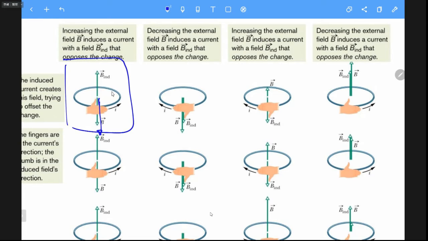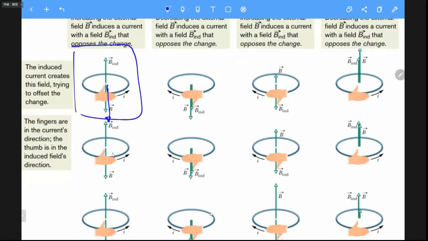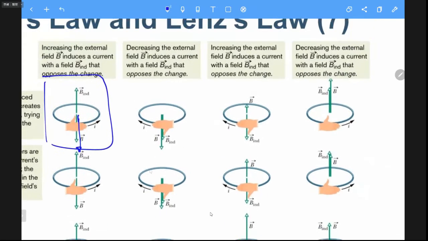And then in that case, using the right-hand rule, you use your thumb to follow the direction of B induced, and then your fingers will point in the direction of the induced current. So this is the direction of the EMF and also the direction of the induced current, like this.